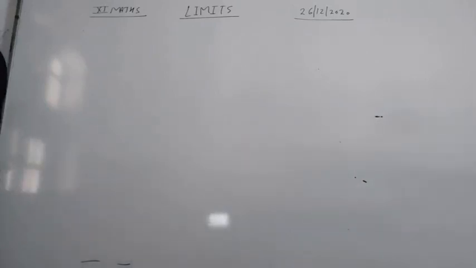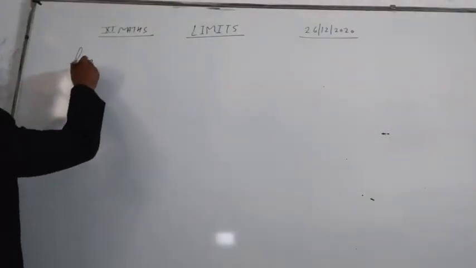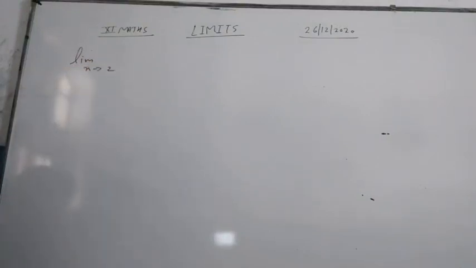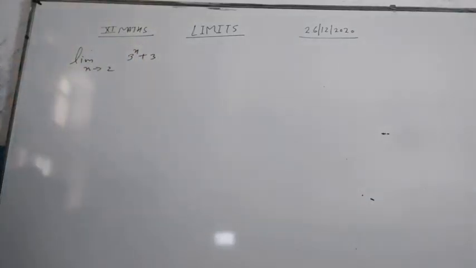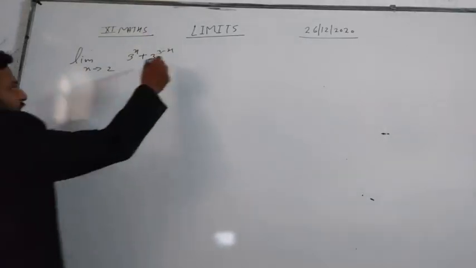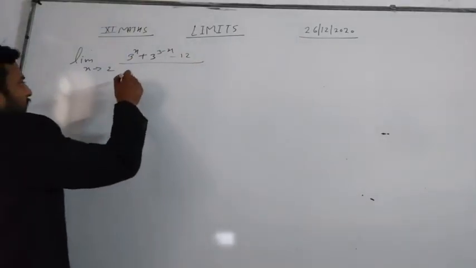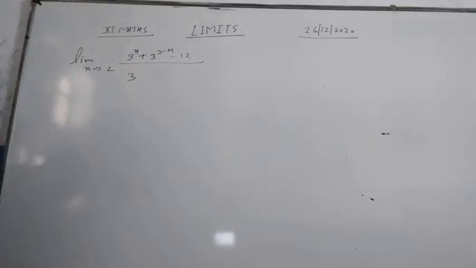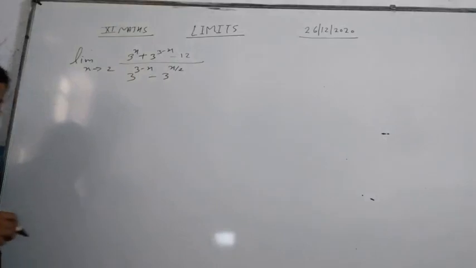limit x tends to 2, (3 to the power x plus 3 to the power (3 minus x) minus 12) by (3 to the power (3 minus x) minus 3 to the power x by 2).